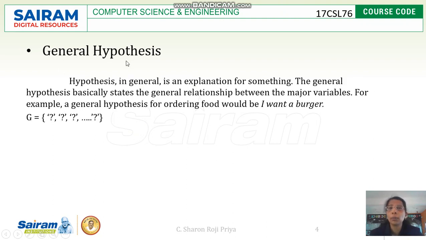And a general hypothesis is, as I said, an explanation for something. For example, if I want to write a general hypothesis for ordering a burger, I'll write, I want a burger. It is general. It can be anything. I didn't specify what type of burger I want. So for a general hypothesis, the notation is a question mark.